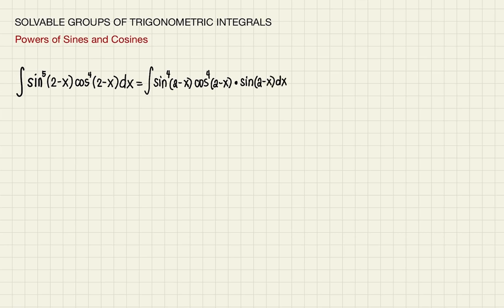Take note that we are not changing the given. If we multiply sine of 2 minus x to sine of 2 minus x raised to the power of 4, we still get sine of 2 minus x raised to the power of 5.